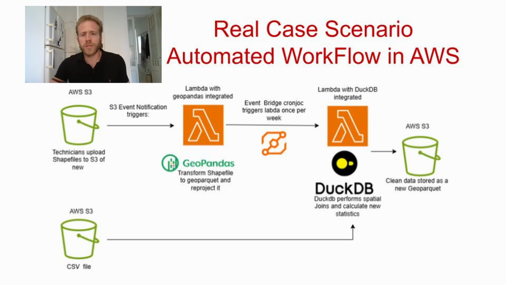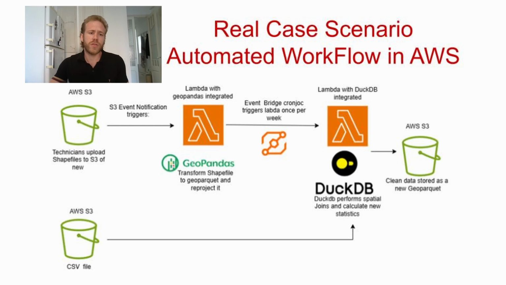On a weekly schedule, EventBridge, a cron job, launches another Lambda with DuckDB to join the geospatial data with population and infrastructure data stored as CSV, calculating how many residents and facilities fall inside the regions.